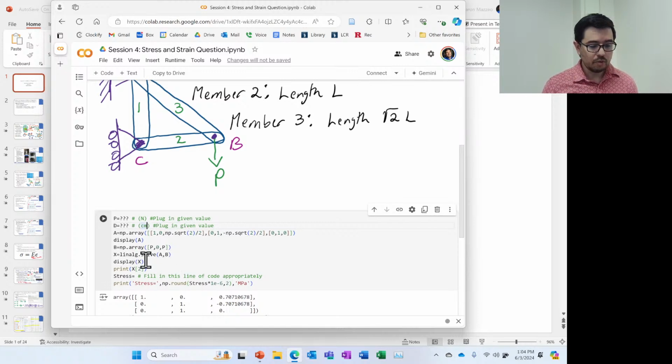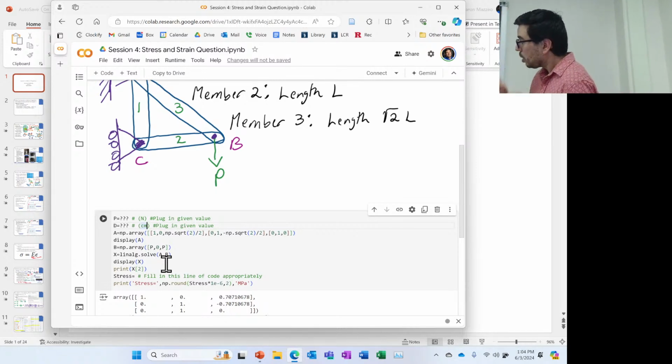For X. The matrices in Python are 0 indexed.